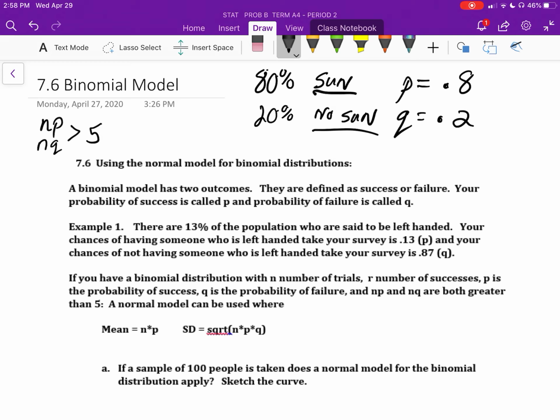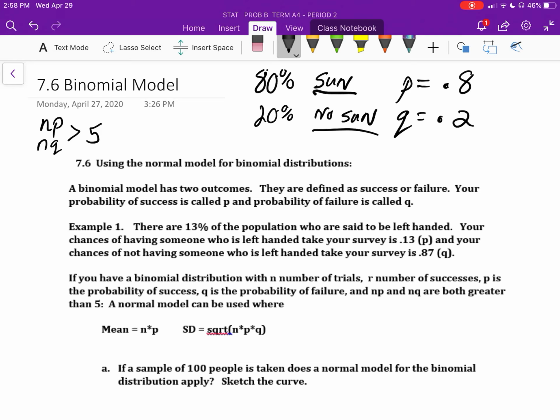And if that condition is met and it is binomial, then we can use a normal model. So let's look at an example. 13% of the population are said to be left-handed. If we were in class, we would actually be testing this by asking people who's left-handed, but there's a 13% chance that somebody will need a left-handed desk if they're in a college classroom.